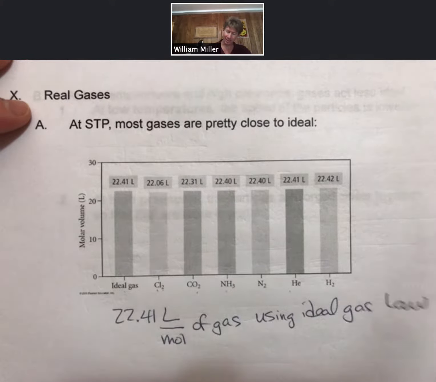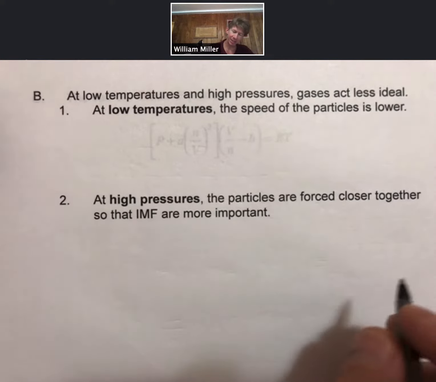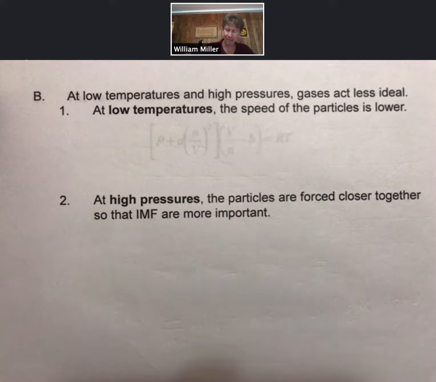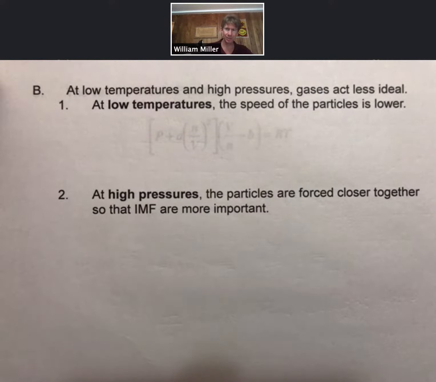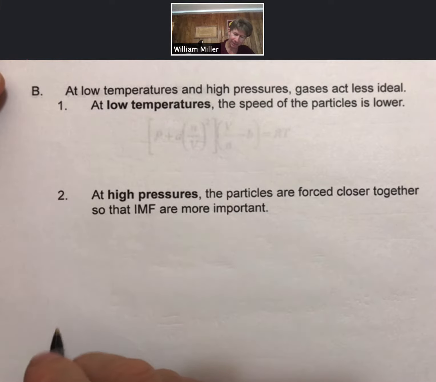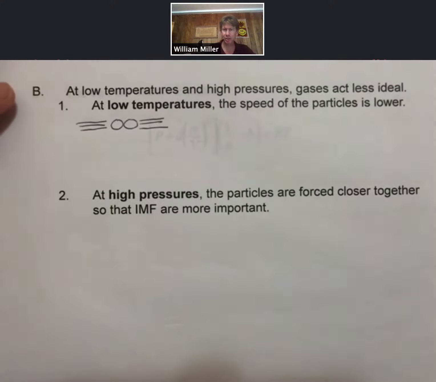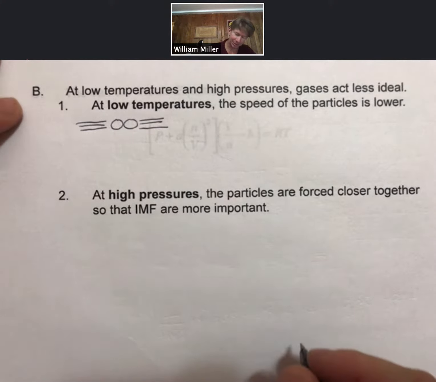But let's think about real gases. At low temperatures and high pressures, gases act less ideal. At low temperatures, the speed of the particles is lower. Therefore, if we think about a collision between two particles, they're still moving pretty fast, but not as fast as they used to be at higher temperatures.